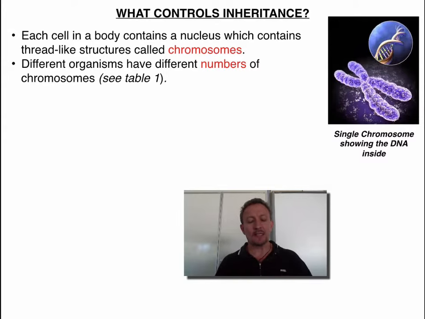Now that DNA is specifically organized into little strands, and those strands are called chromosomes. We have a certain number of chromosomes per individual, per species, and that's what makes us all slightly different. That's why a horse looks like a horse, a human being looks like a human being, a pig looks like a pig, a dolphin looks like a dolphin.